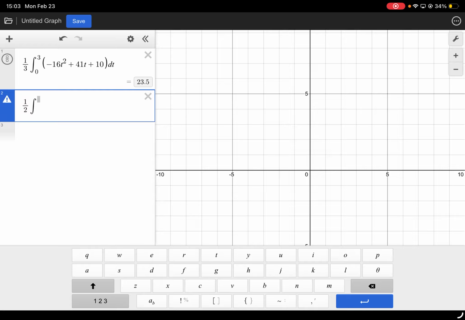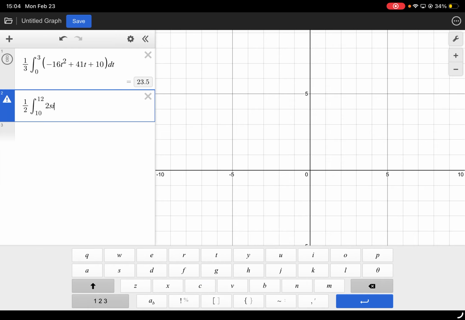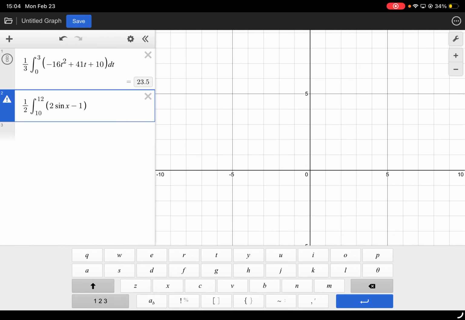Type in my integral from 10 to 12, 2 sine of x minus 1, and then dx. Just make sure that this is in parentheses or it won't work. Notice I get negative 2.683 if I'm rounding to 3 decimal places.